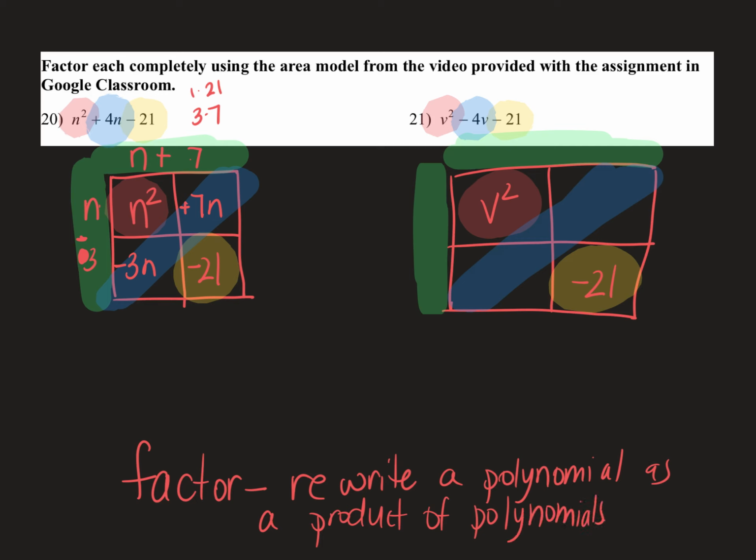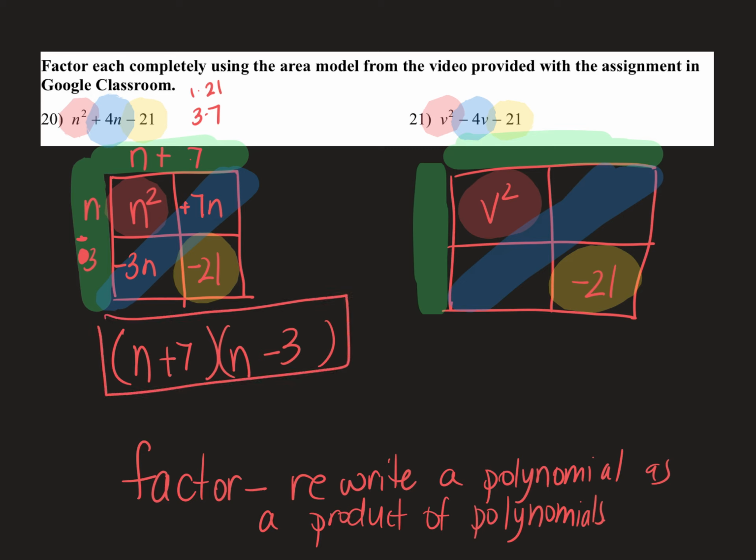So, as I said before, my answer's in the green. My product is two binomials, n plus 7 and n minus 3. Whoops, and I wrote 7. Did you see that? n minus 3. So n plus 7 times n minus 3. I just factored n squared plus 4n minus 21.